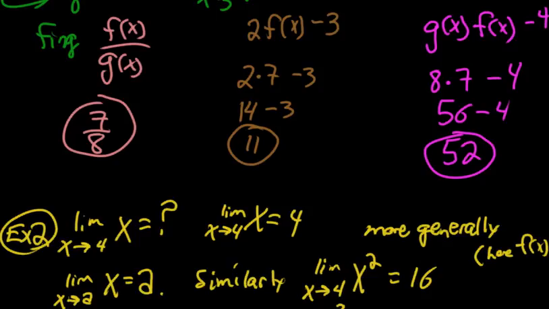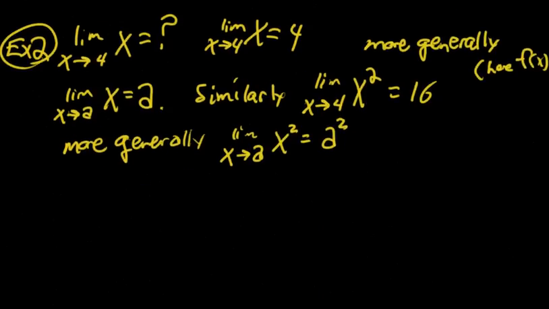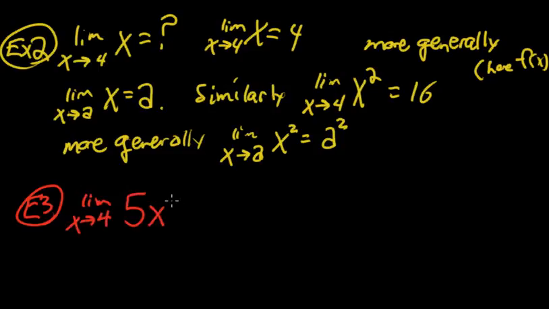Let's do one more example. Example 3. Let's say we have the limit as x approaches 4 of 5x cubed, and we want to calculate this. Well, we just plug 4 into x.